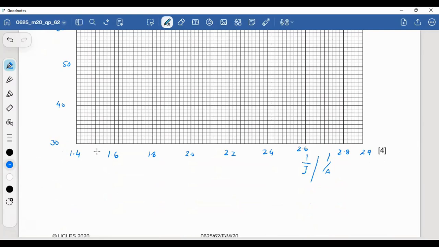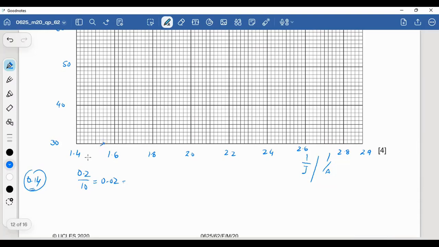You need to remember, the large box is a difference of 0.2, so one small box is 0.2 divided by 10, which gives 0.02. So 0.14 divided by 0.02 gives 7. Move 7 boxes: 1, 2, 3, 4, 5, 6, 7.